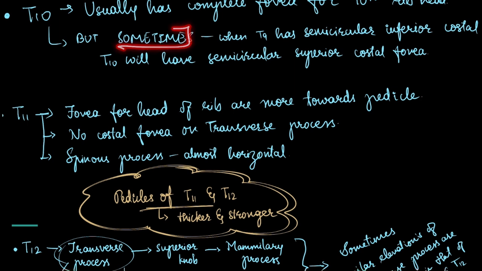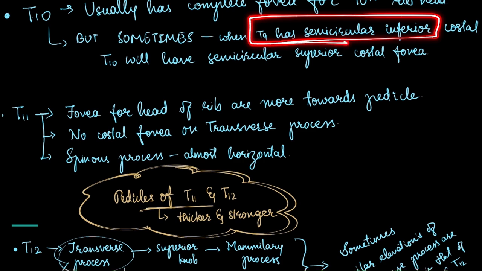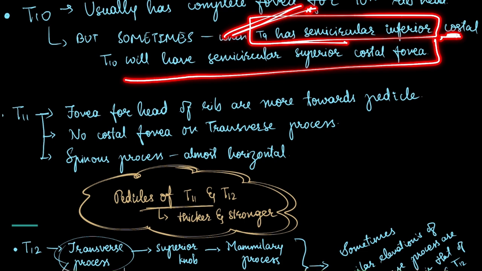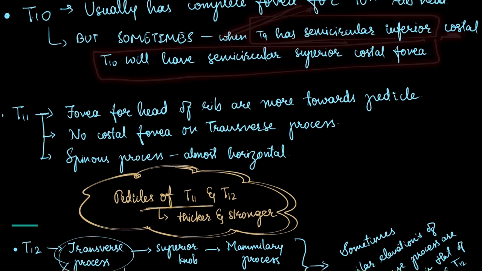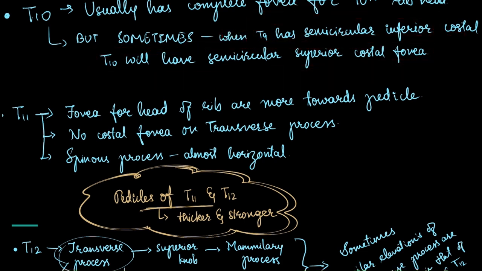But sometimes when the 9th thoracic vertebrae has inferior costal fovea, it will be of semicircular shape, so that will get shared with 10th thoracic vertebrae. What does this mean?